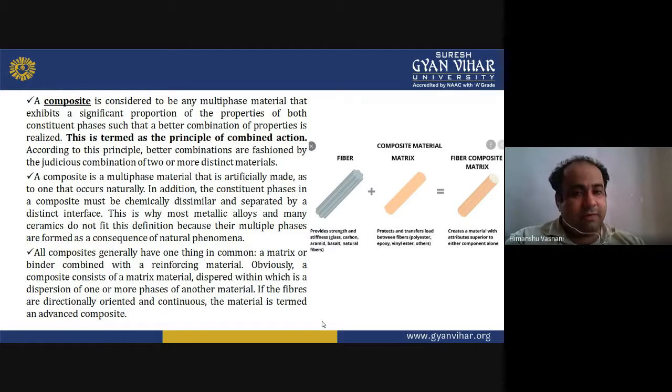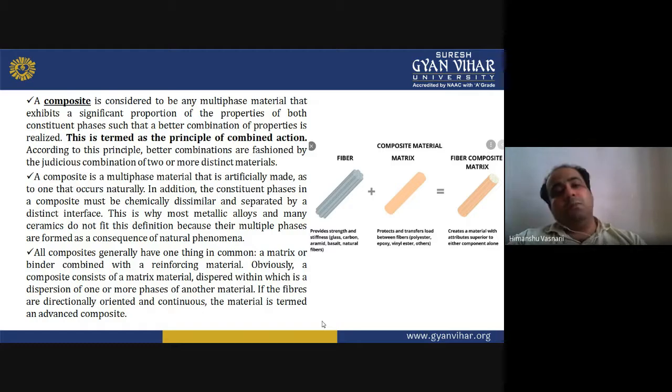This is the principle of combined action. According to this principle, better combinations of properties are fashioned by the judicious combination of two or more distinct materials.